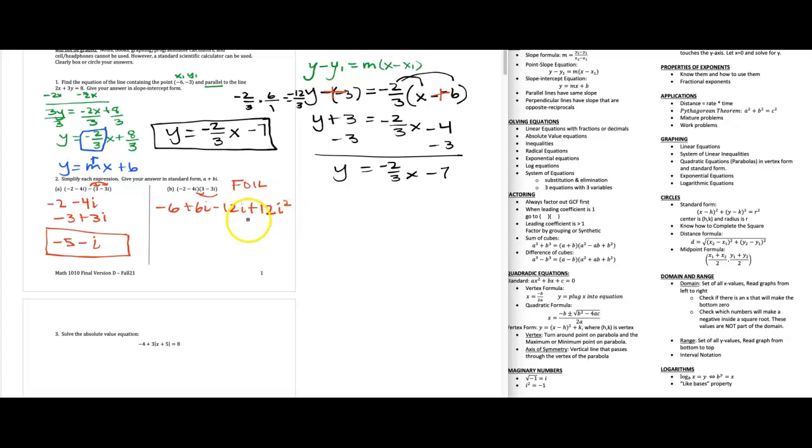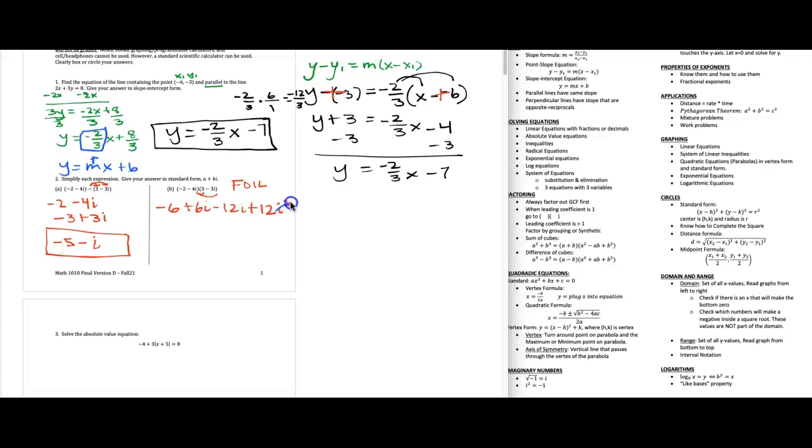Okay, so what do we need to do with that i squared? Doesn't i squared equal -1? Yeah, it does. So over here under imaginary numbers, down at the bottom there, you can see i squared equals -1. So whenever you have an i squared, we have to change that to -1. I'm going to do a shortcut way of doing it.